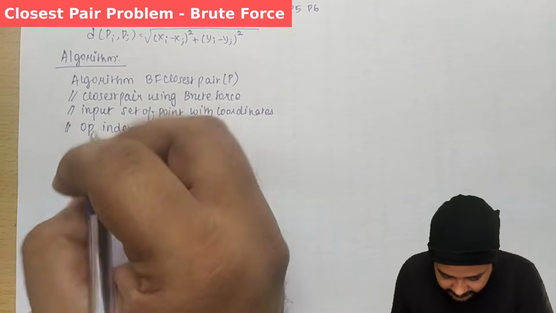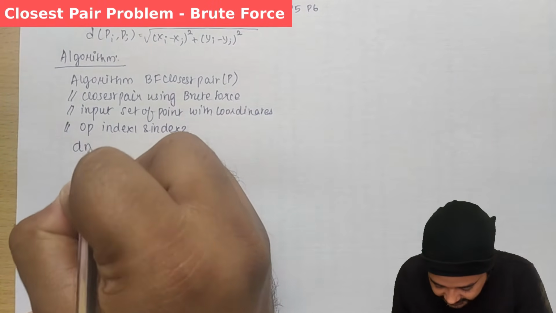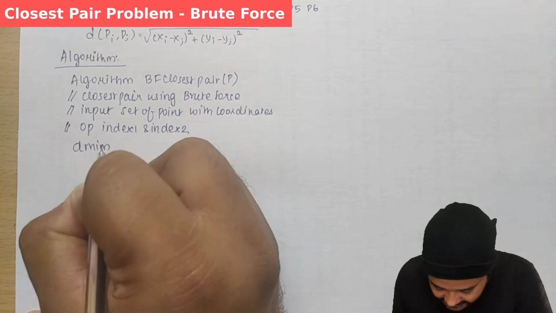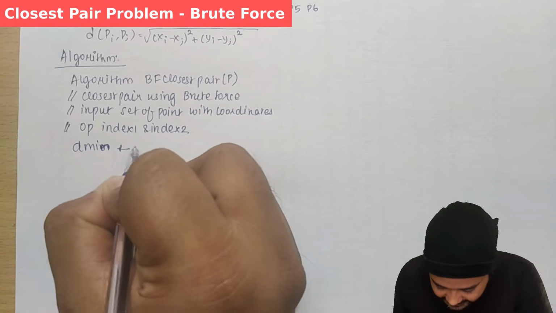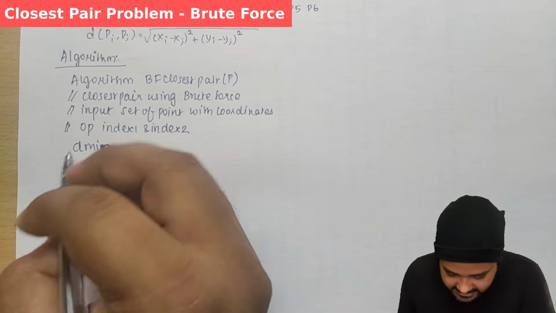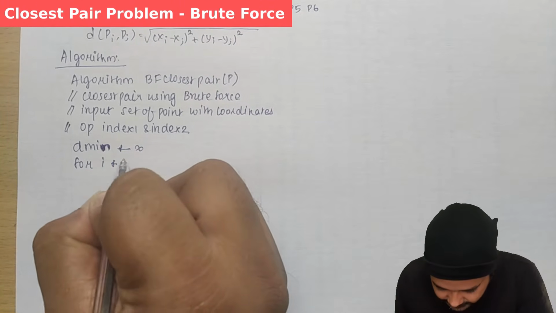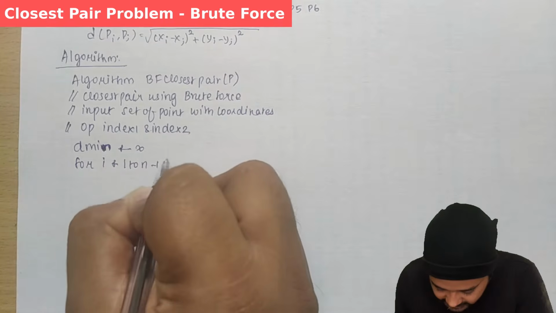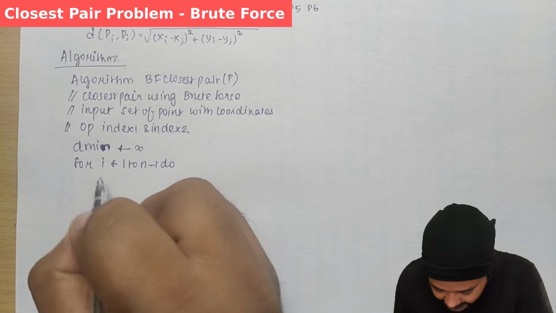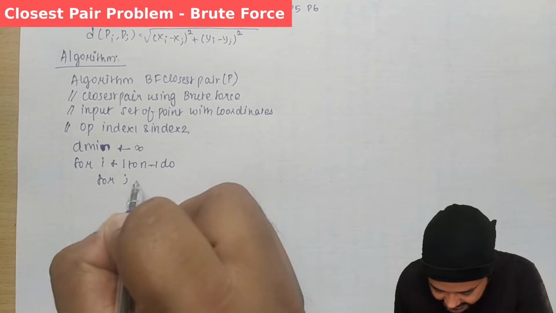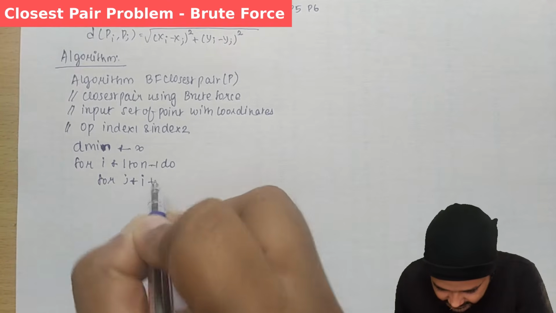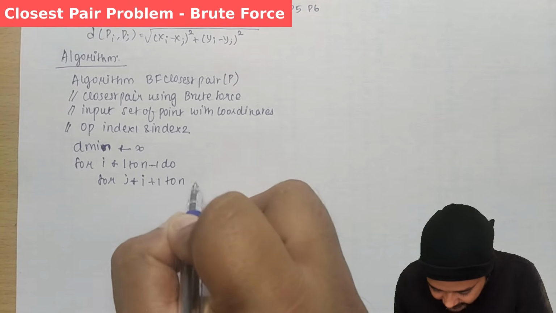So let me just go on. Initially, for the minimum distance, I am assigning it infinity, since we don't know the distance at the initial point. For i from 1 to n minus 1 do, and similarly for j from i plus 1 to n do.